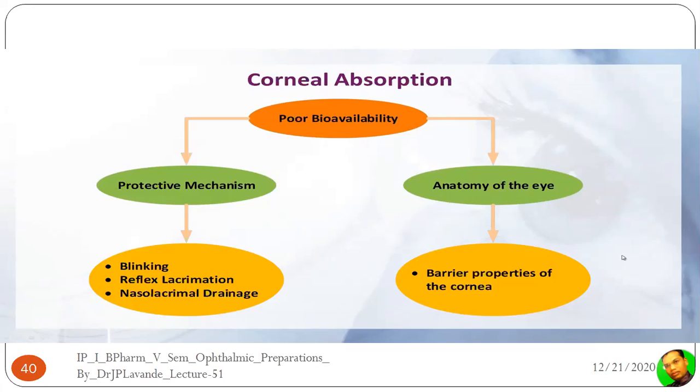If you see the anatomy, the barrier properties of the cornea: the cornea is highly impermeable to most of the content. So that is one of the barriers, and all these are the challenges when we are formulating anything for the ophthalmic route.